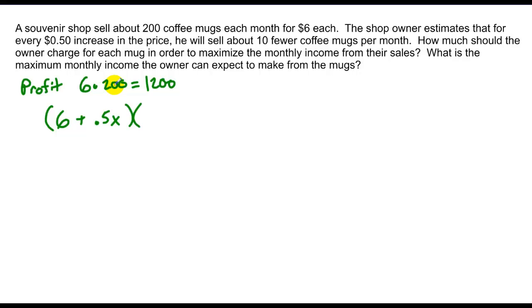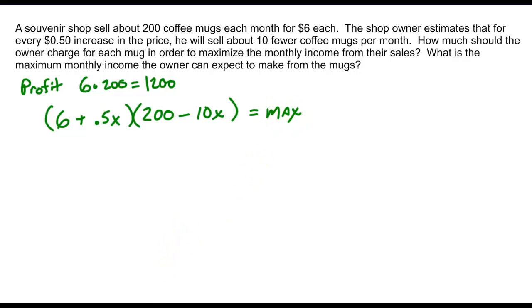So I'd only sell 190. If I went up $1, I'm only going to sell 180. So basically, every time I go up X, I'm going to go down 10X in sales. So we want to find out what our maximum is for this.